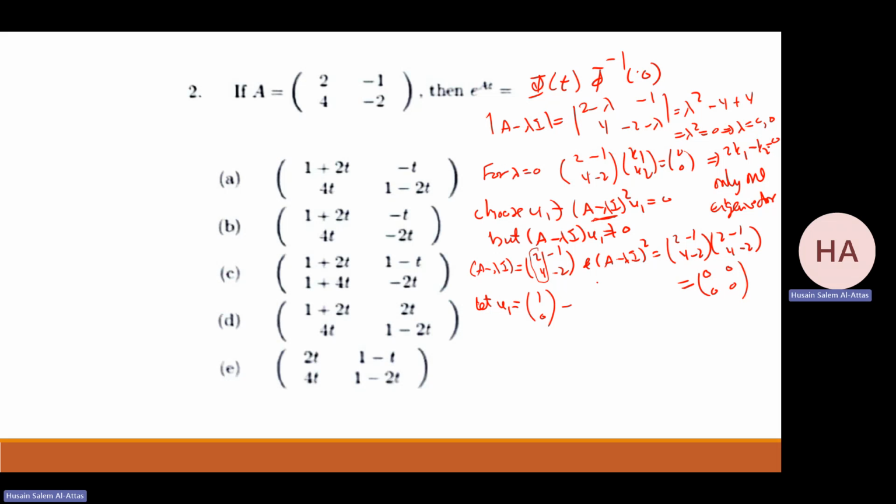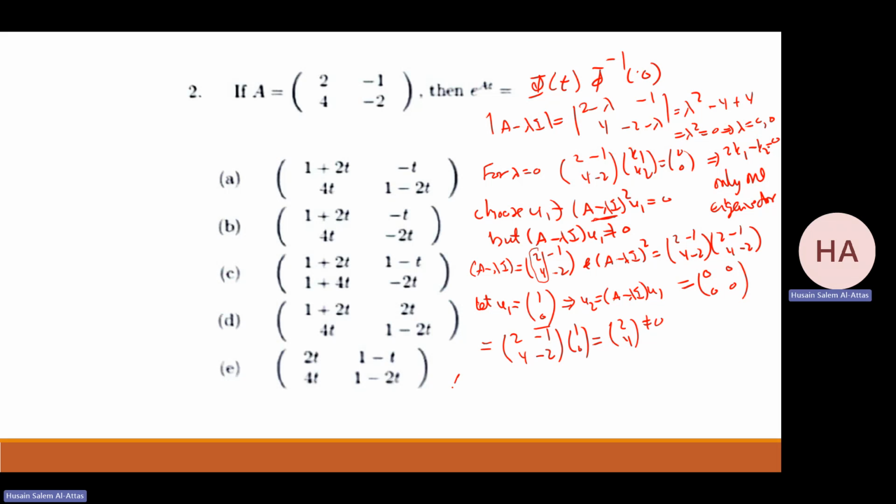And then I have u2 is A minus lambda I times u1. I need to avoid u1 making it 0, which is not the case. Also, when I find u2, I can check that too. So I do two things at the same time. That will be 2 and 4, not equal to 0.